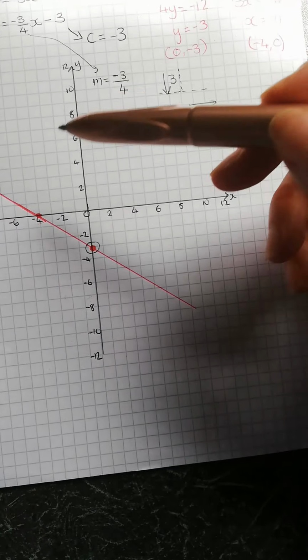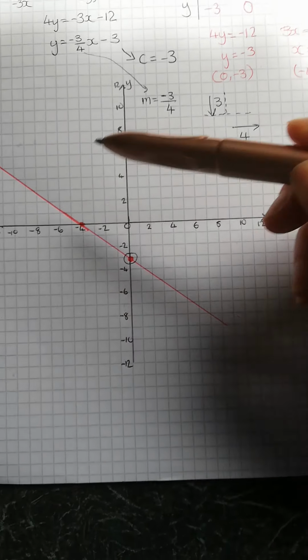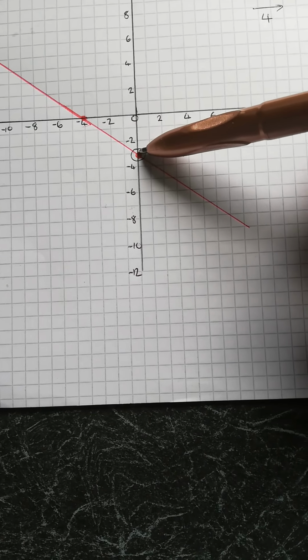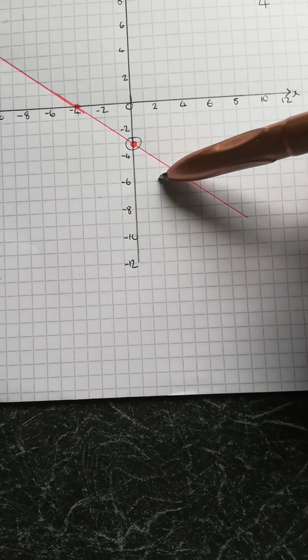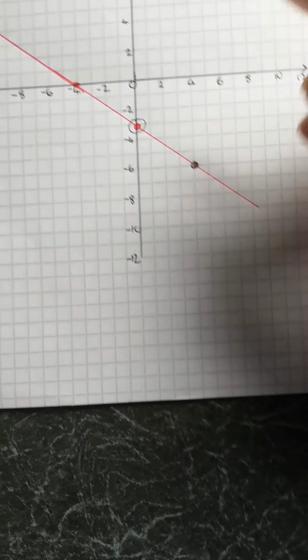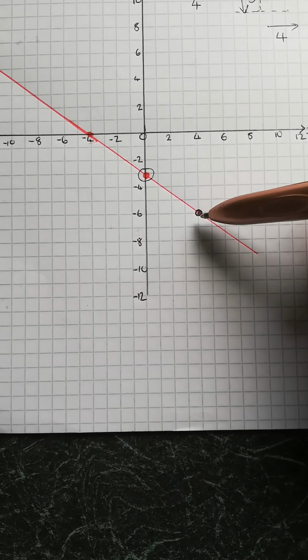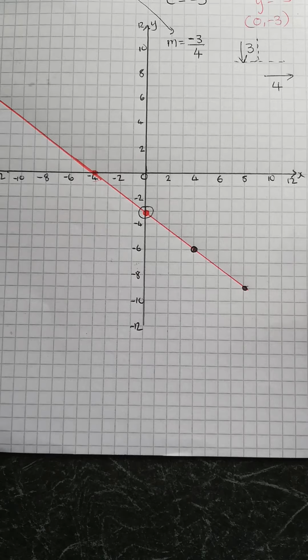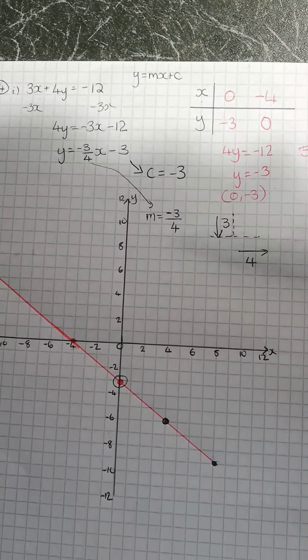So if we look here, from the 2 points we drew, if we go down 3, we're going along 4. And these points here are the nice coordinates, the ones that would be easy to work out. Down 3, along 4.